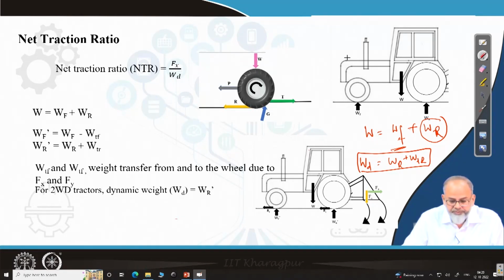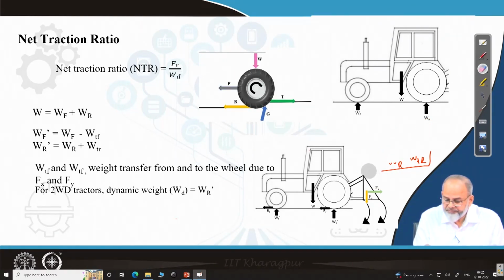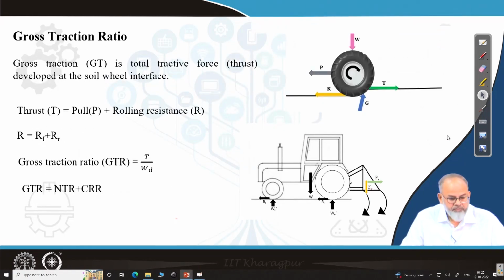Now, coming to gross traction ratio. This is the total tractive force or thrust which is developed at the interface of soil and wheel divided by the weight.